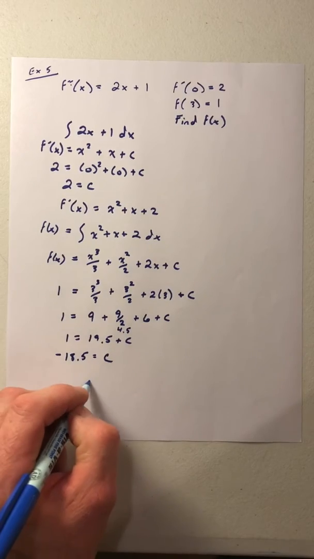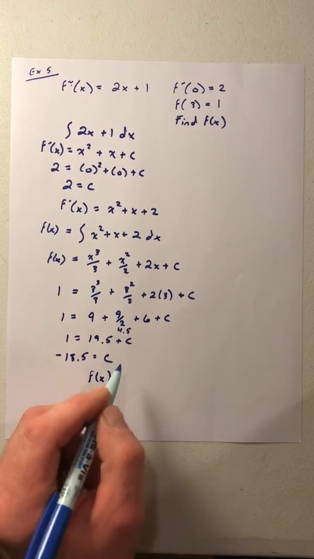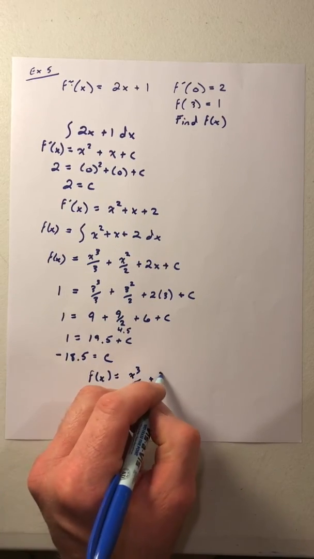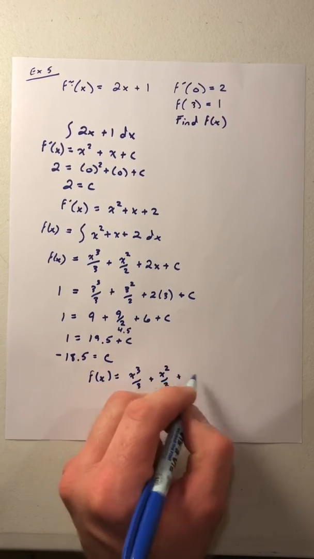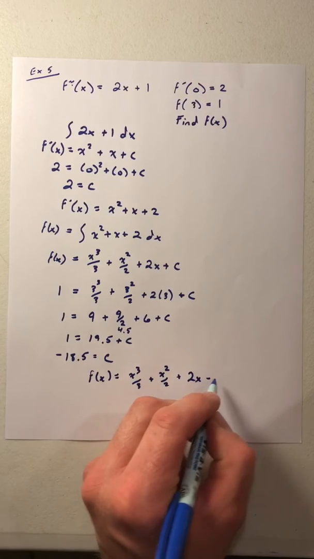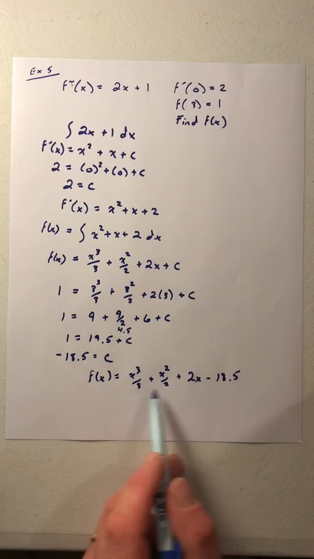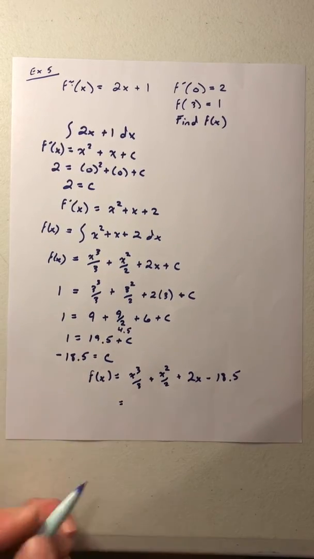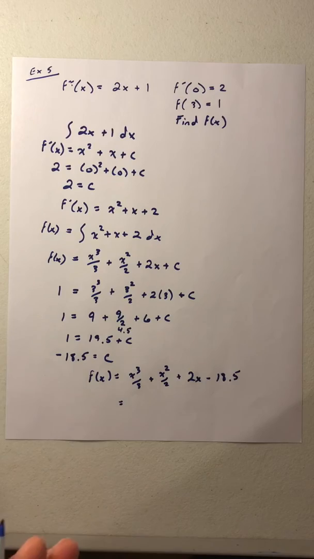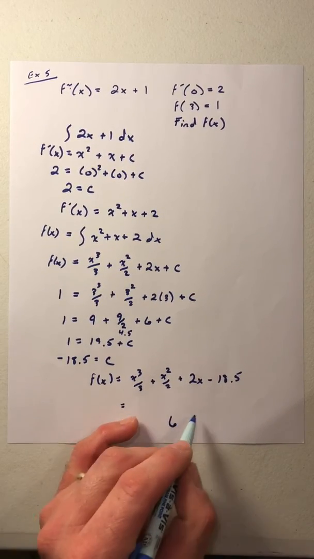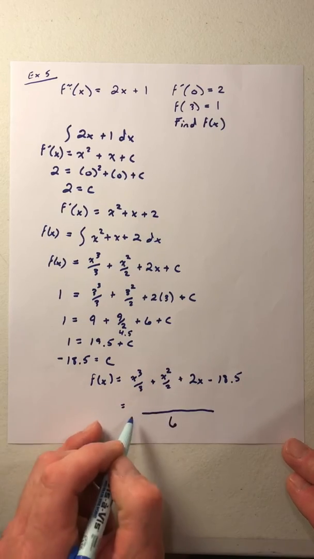So my original function, f of x, is going to equal x to the third over 3 plus x squared over 2 plus 2x minus 18.5. Now again, I could find a common denominator, which in this case would be 6. And on your next quiz, I will ask you for a common denominator. So if my common denominator is 6, I can go ahead and multiply this through.